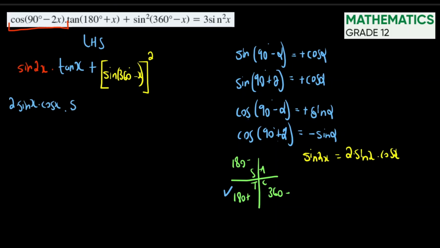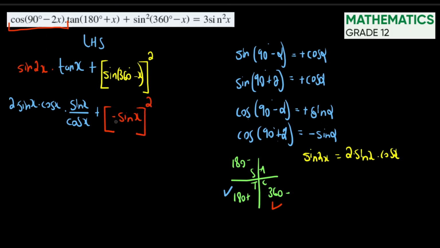We know that tan is nothing more than sine over cos x. Plus what we have here becomes very interesting, because sin(360° minus x) is the fourth quadrant, and sine is negative in this quadrant, so it will be negative sin x, all squared.